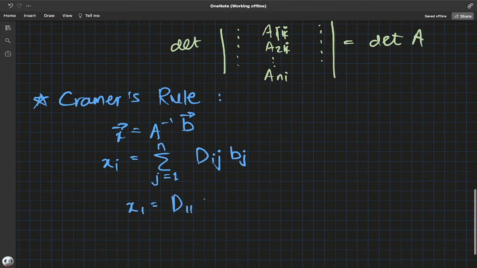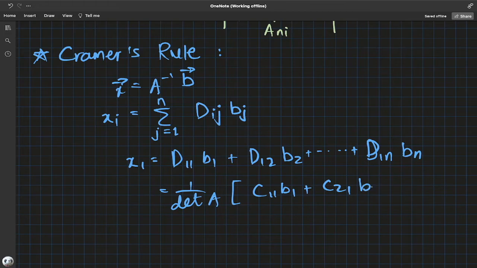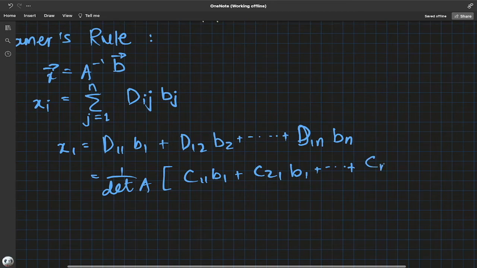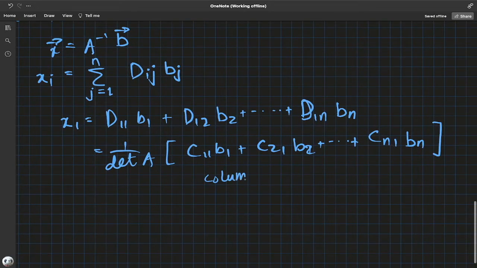So we have d11 b1 plus d12 b2 plus up to d1n bn. And if you want to write this in terms of cofactors, that's also fine: C11 b1, C21 b2 because of the transpose in the formula for the inverse, if you notice, up to Cn1 bn. There should be a 2 there. This is column expansion.